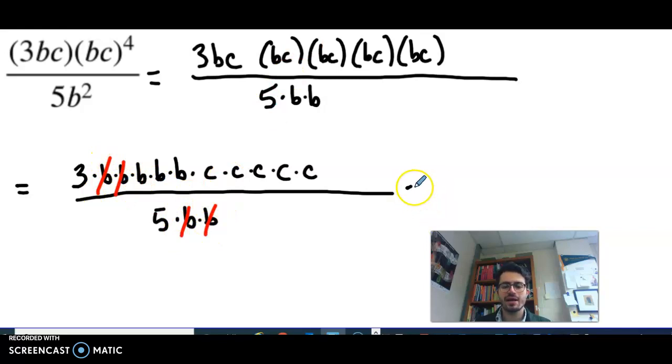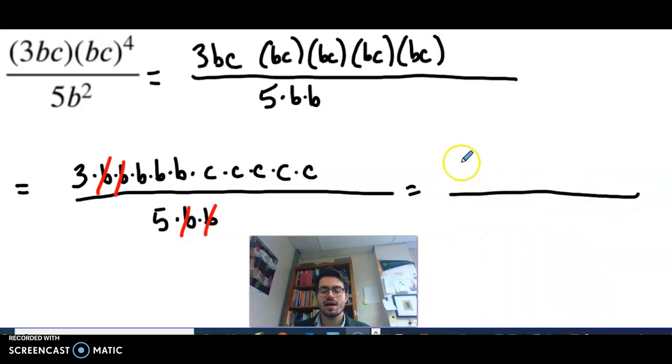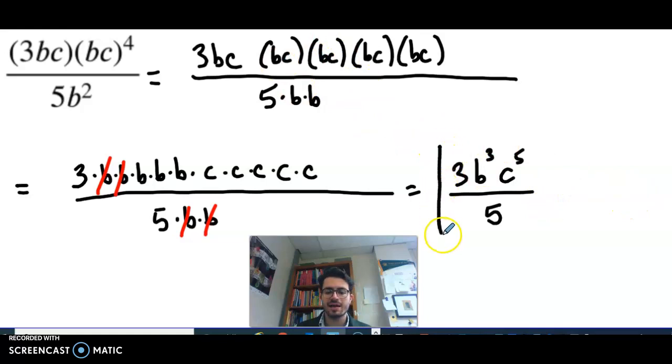And then I just write what I have left. I have the 3. I have 3 b's, so that's b to the third. 5 c's, that's c to the fifth. And then over 5. Once again, I'm going to box my final answer for you guys.